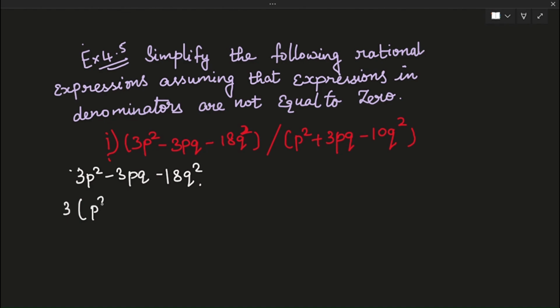So this will come p square minus pq minus 6q square. Why 6? 6 3s are 18, no? That's it. So again 3 of in this can be written as p square 3 6, this 6 can be written as 3 2s are 6.